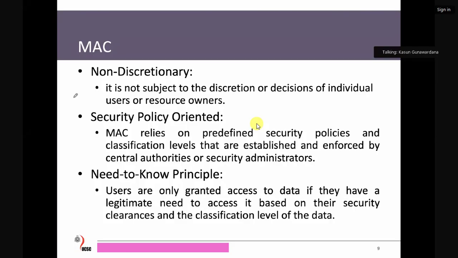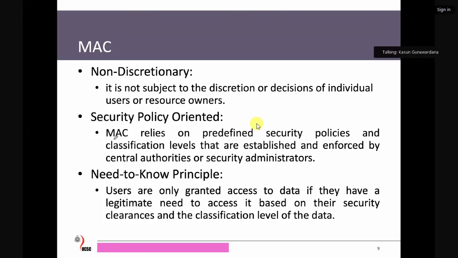And third, we call it the need to know principle. Users are only granted access to data if they have a legitimate, actual requirement to access it. Based on their security clearance and the classification level of the data, we will allow them to access it.